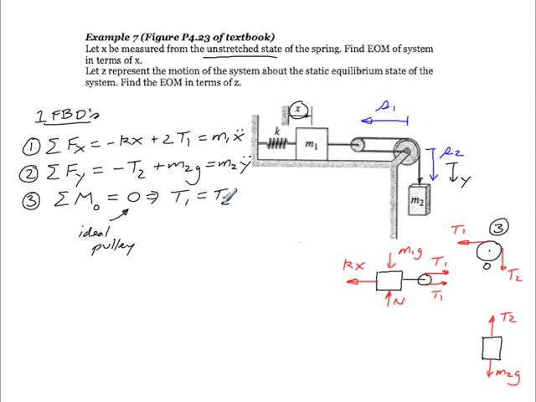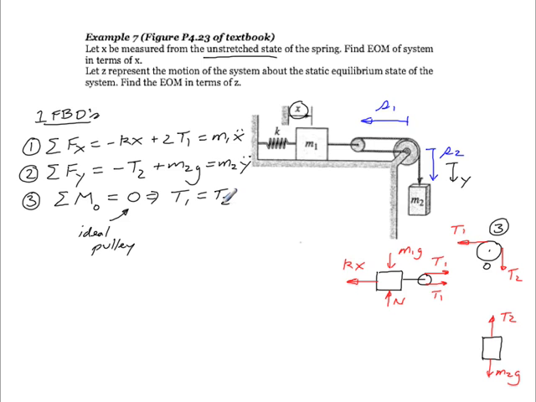Had we decided that the mass of the pulley was important, then we'd have to go through the usual Euler equation to find the relationship between T1 and T2, which would involve the mass moment of inertia of the pulley.